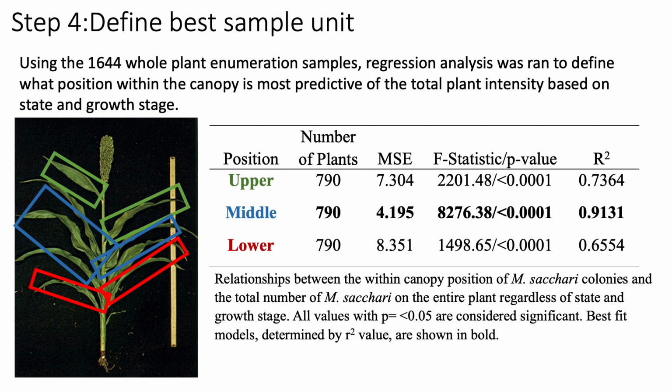Well, we decided to test that theory with those 1,644 plants that we had counted from top to bottom and knew the total amount of aphids per plant. So we broke it down into the upper 2 most leaves, the lower 2 most leaves, and everything in the middle we called mid-canopy.